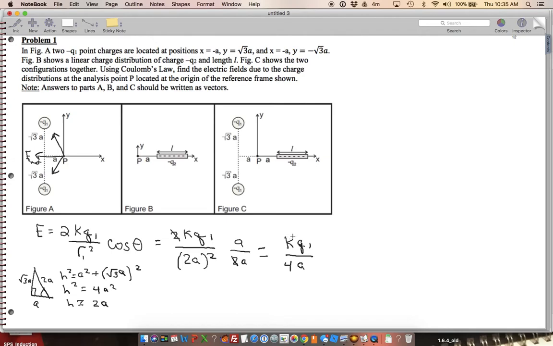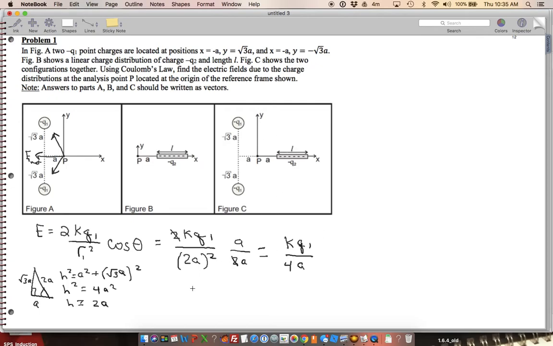Let's just check and see if I get that right with my notes. Okay, is that making sense? My hypotenuse, a over 2a, that looks right.